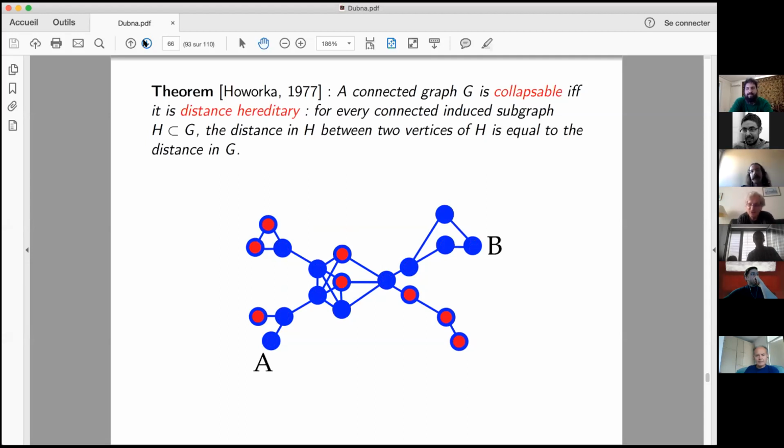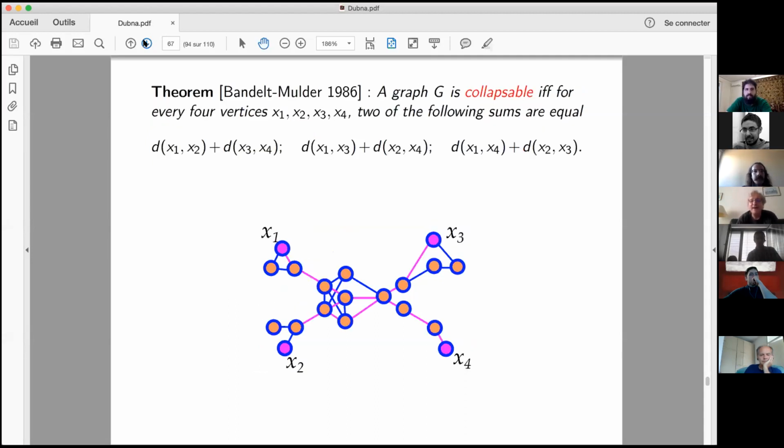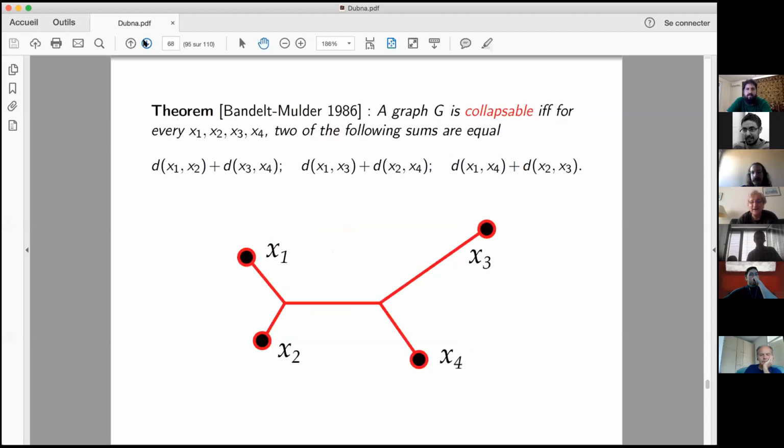No connection with algebraic curves, no connection with chord diagrams, only computer science examples. And they proved many equivalent definitions of collapsible graphs. Let me give you one. You take a graph and you take 4 vertices, x1, x2, x3, x4. Then you compute the distances.